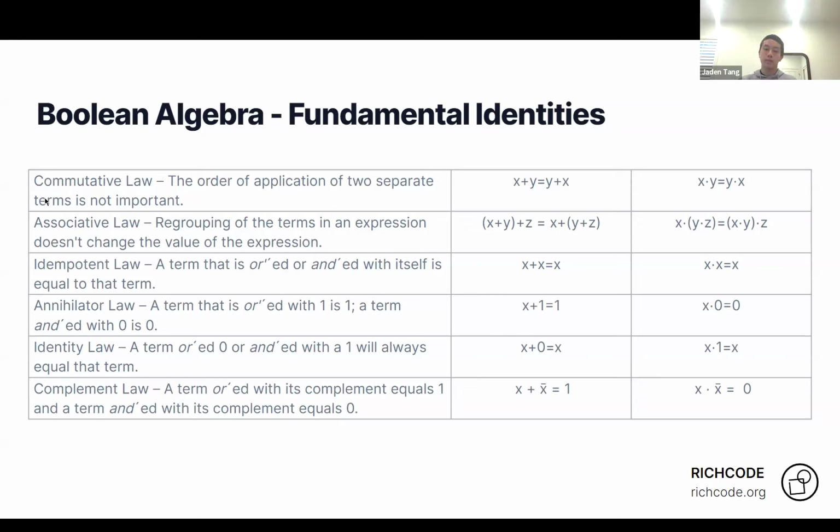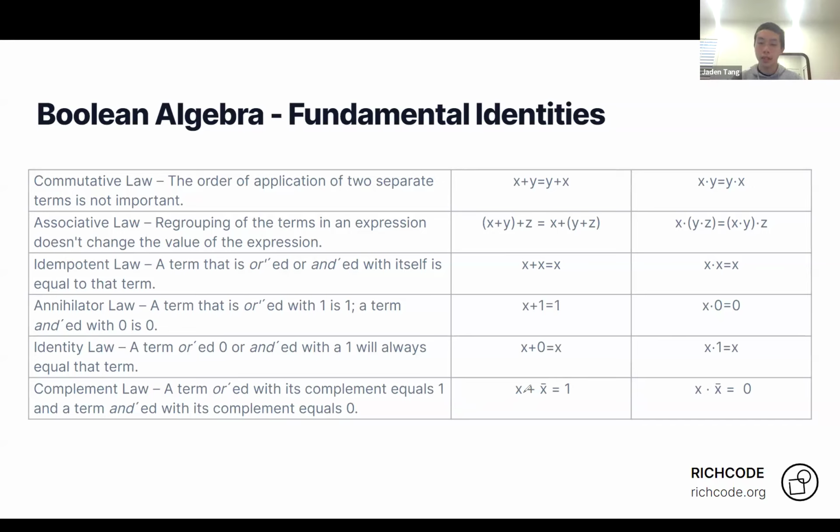And then the complement law is when we take x and we OR it with NOT x. In that case, x OR NOT x is always equal to 1, because no matter what, one of them will be true and one of them will be false, and true OR false will give you true at all times.